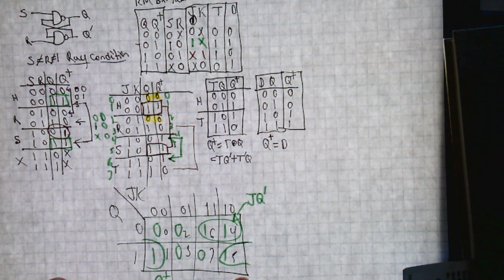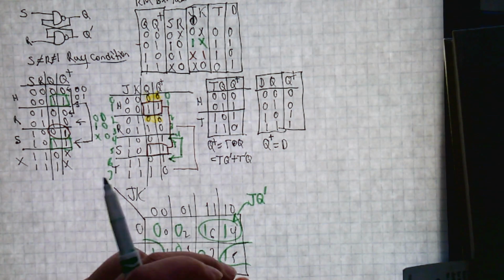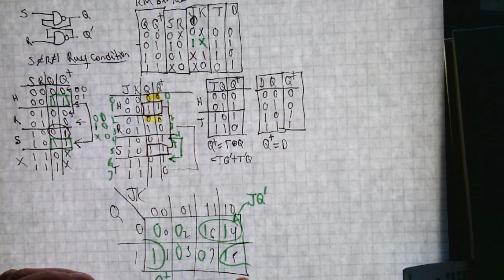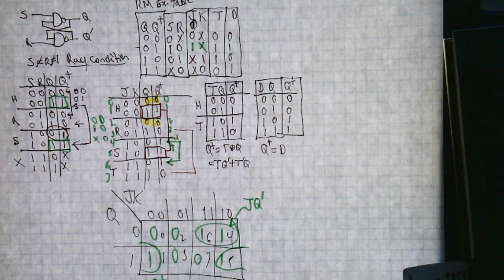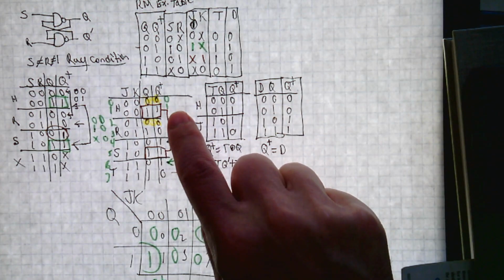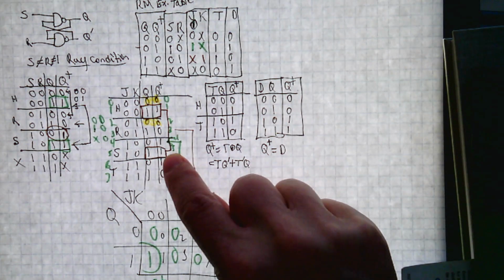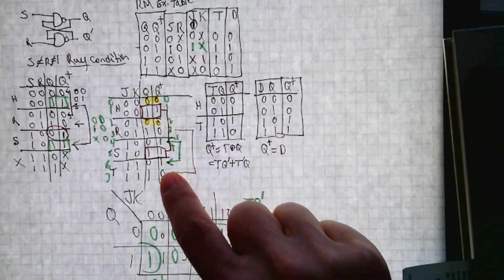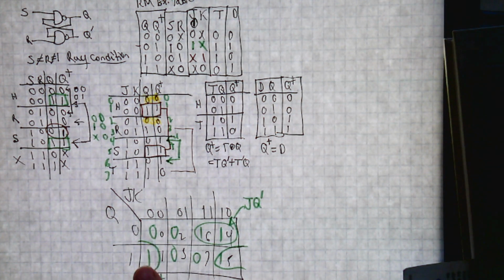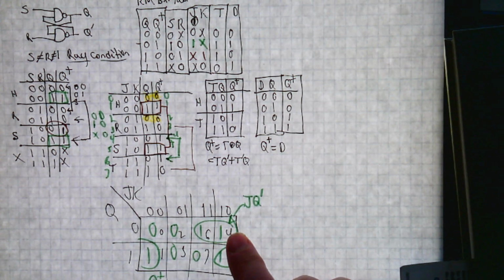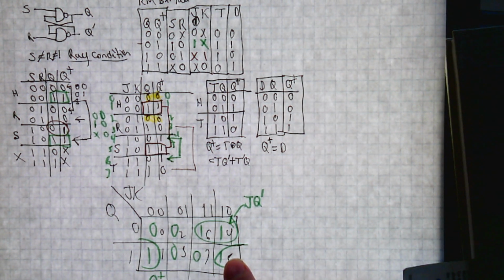It shouldn't be. 0, 1, 2, 3, 4, 5, 6, 7. Numbering K-maps. Let's make sure I've got this right. 0, 1, 0, 0, 1, 1, 0. Let's see, 1, 0. That's good. 0, 1, 0, 0, 1, 1, 6, 0.